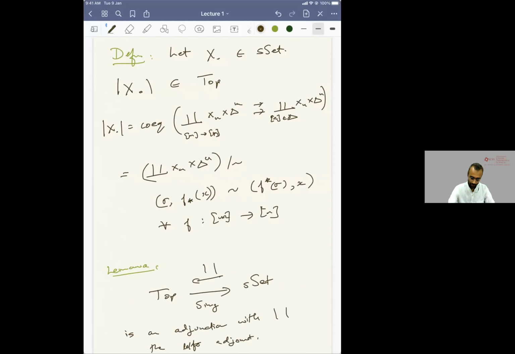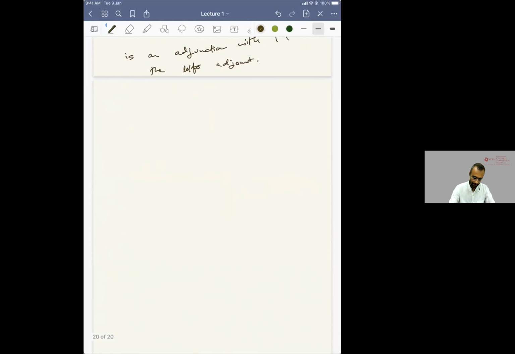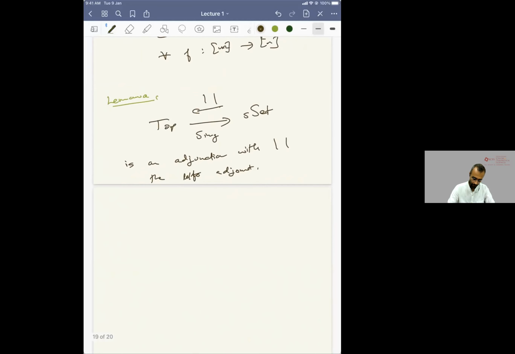So what does this mean? This means that Hom in Top from some space X to the singular simplices on some space Y is isomorphic to Hom from geometric realization of X to Sing Y. This is an easy thing to prove, but you have to just sit and work through it.